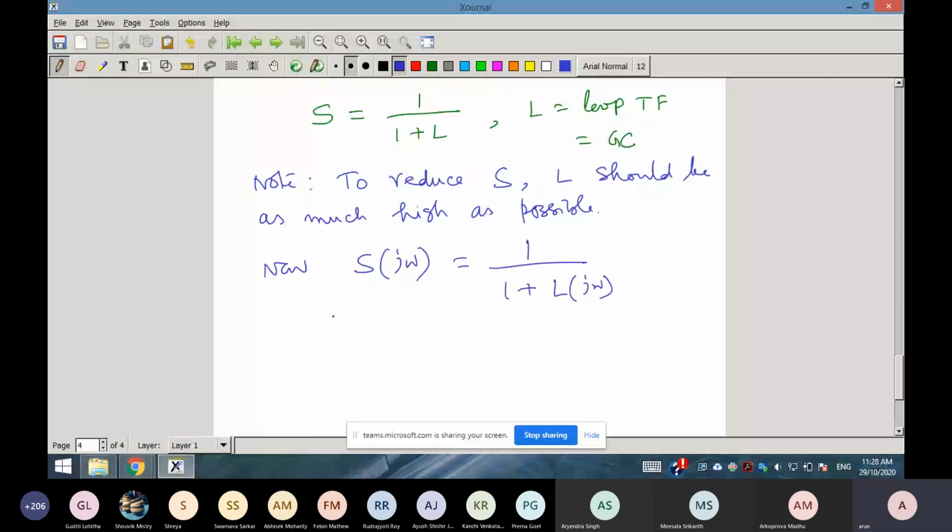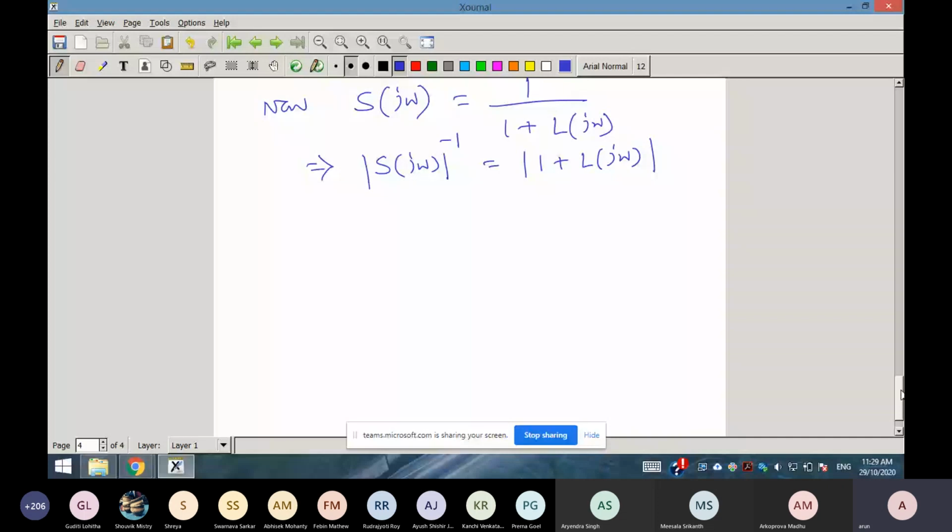This implies that the inverse of mod S j omega equals mod of 1 plus L j omega. So what is 1 plus L j omega?